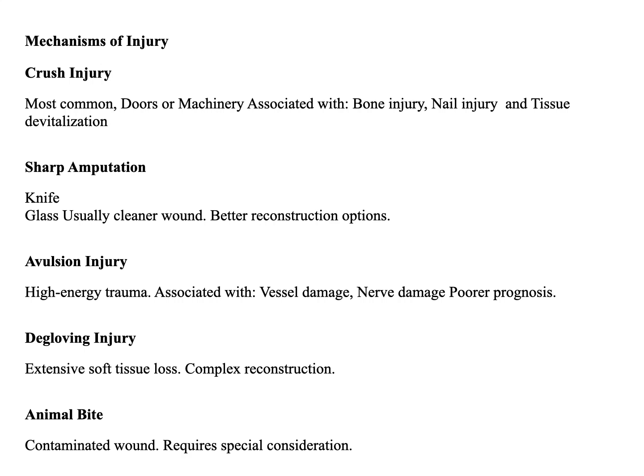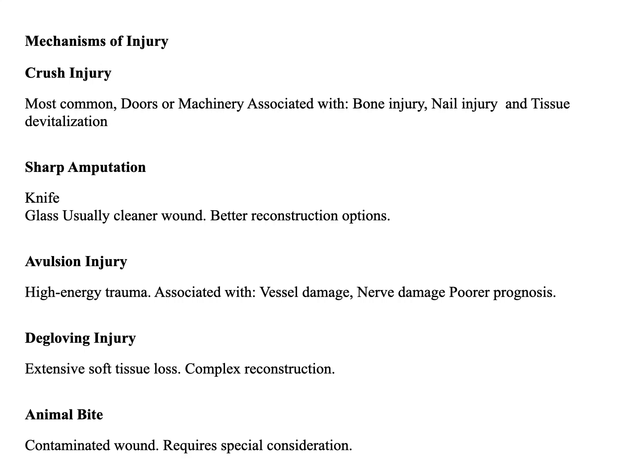We all saw children running after each other, and then suddenly one gets his fingers caught between the door and the wall and gets a crushed finger injury. Also, it is common in manual workers working with hammers and revolving machines. This is crush injury. Sharp amputations occur mainly in butchers or people who work with very sharp instruments.